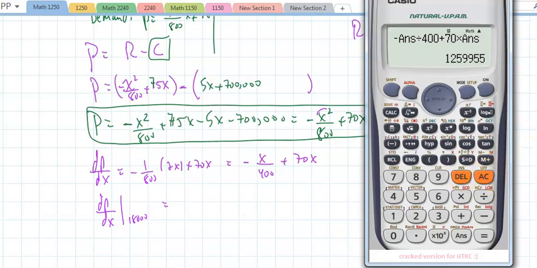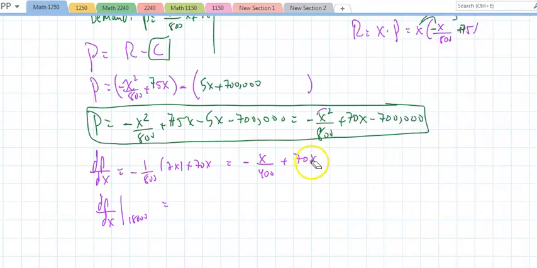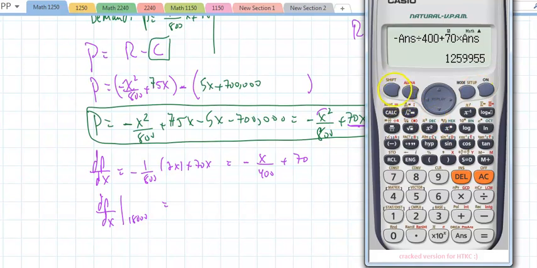Oh, that's a big number. And the problem is right there. When I take a derivative of this, you bring the power down. Isn't the derivative of 70x just 70? So if I go in there and delete that right there. Now if I go for 18,000, and if I go to what I stored, negative 18,000 over 400 plus 70, I'm getting 25.